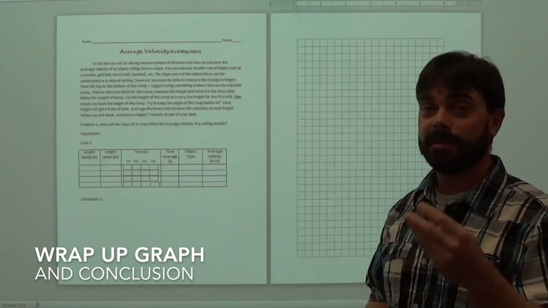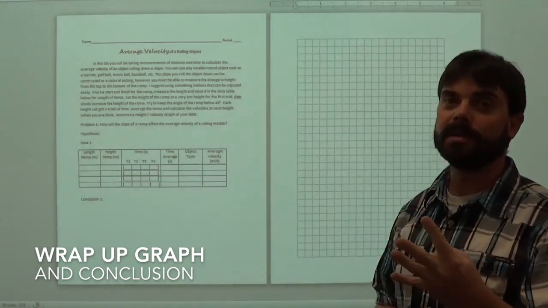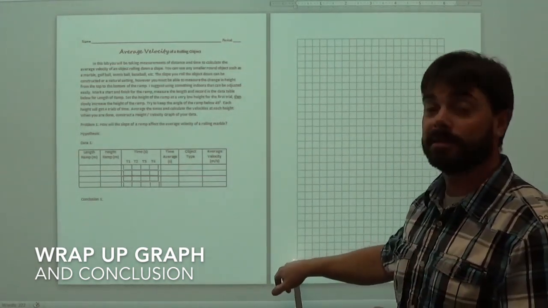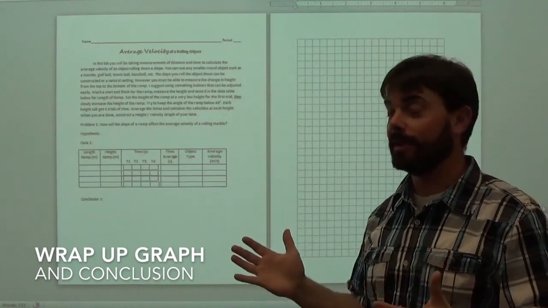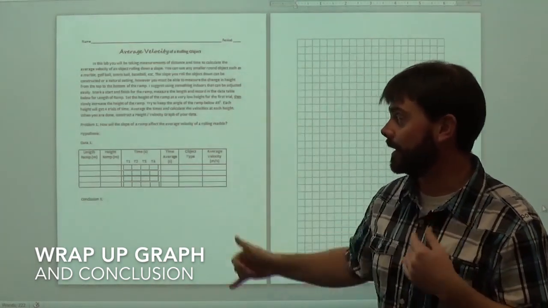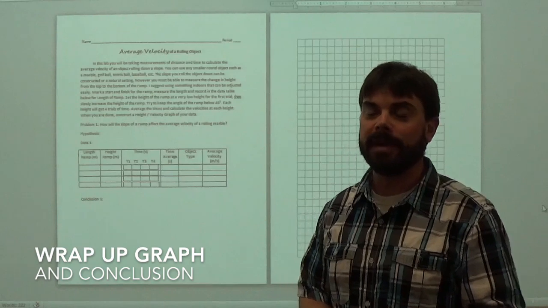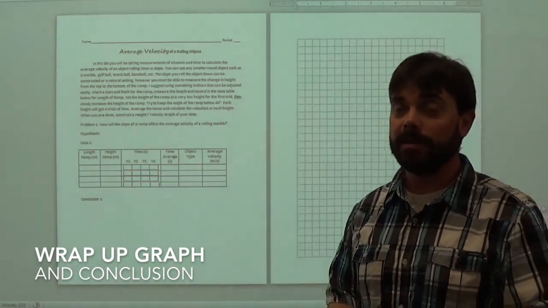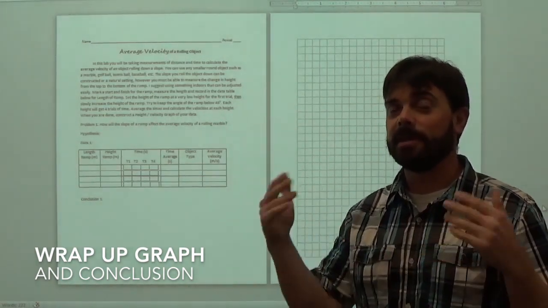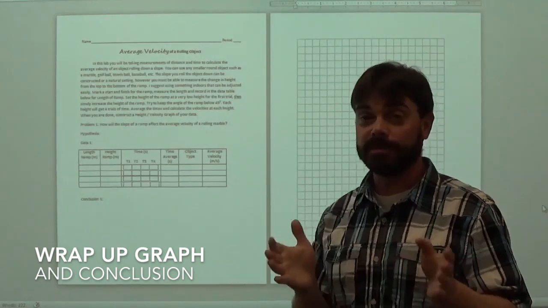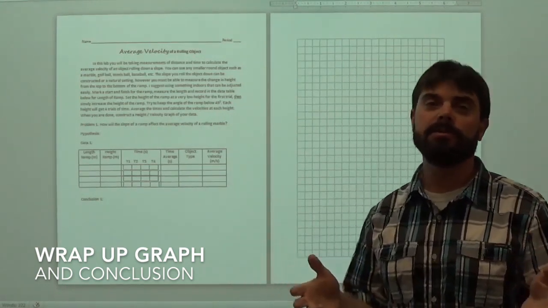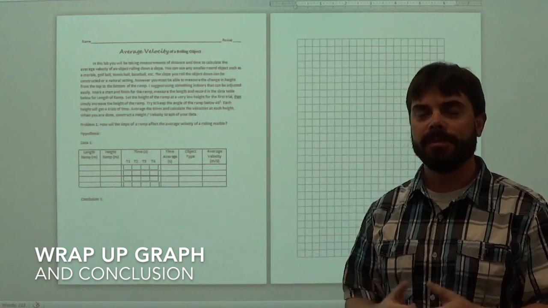But bottom line, there should be at least 4 data points. You could have one be at 0, 0, which would really give you 5 data points, but you have 4 average velocities and 4 height of ramps. So I think we know maybe as the height of the ramp changes how that's going to affect the velocity. So be sure to do that and incorporate a conclusion, and you guys should be good to go.